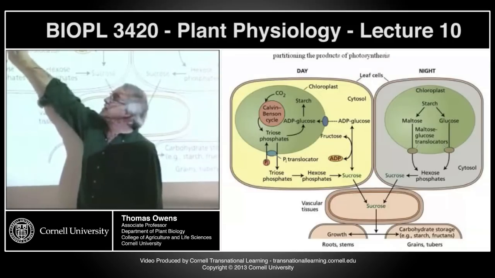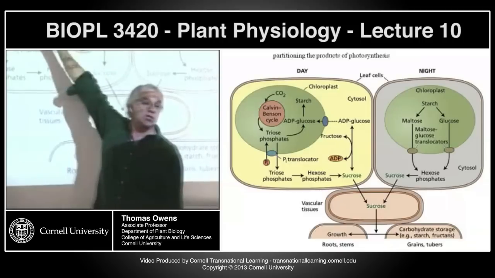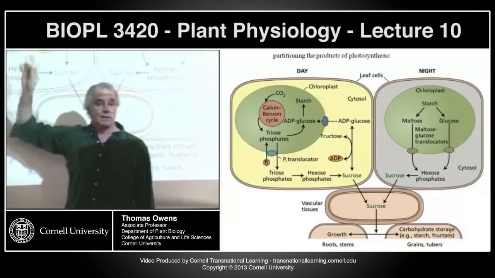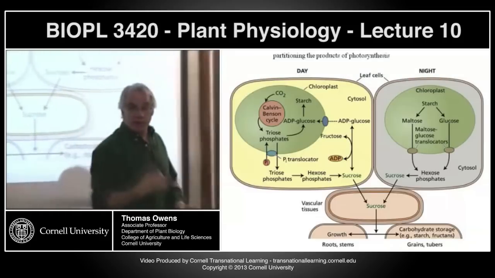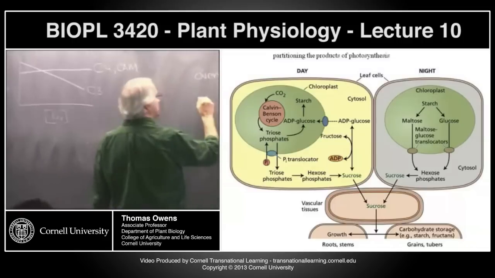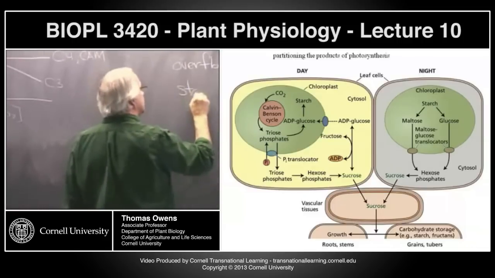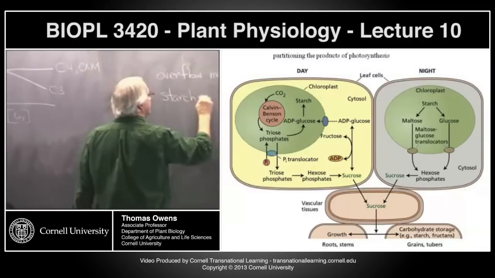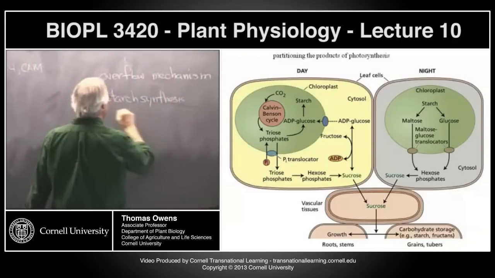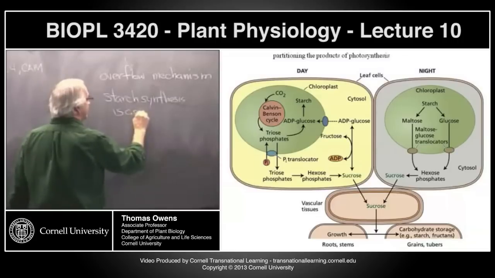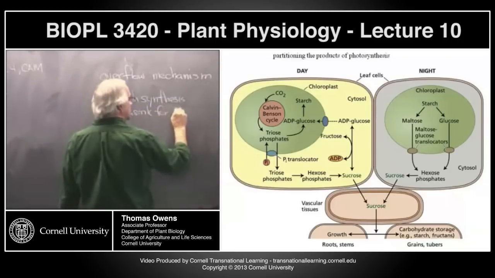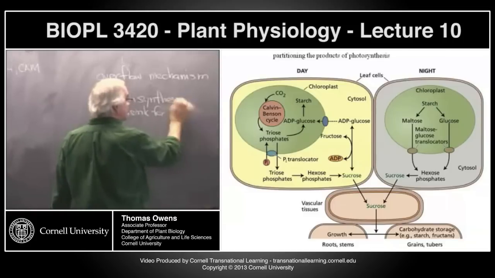Under those conditions, the plant makes more starch in the chloroplast than it needs at night. Starch becomes a temporary sink for the products of photosynthesis. So starch synthesis is a sink for the products, for triose phosphate, really.